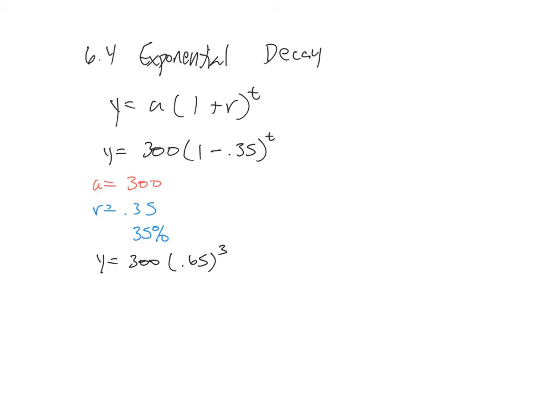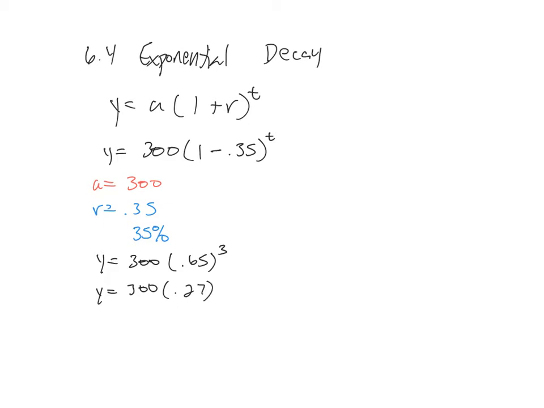That's fine. I'm not expecting you to go crazy and do everything by hand. And for sure, doing decimals to an exponent would be crazy to do by hand. So 0.65 to the third power is 0.27.